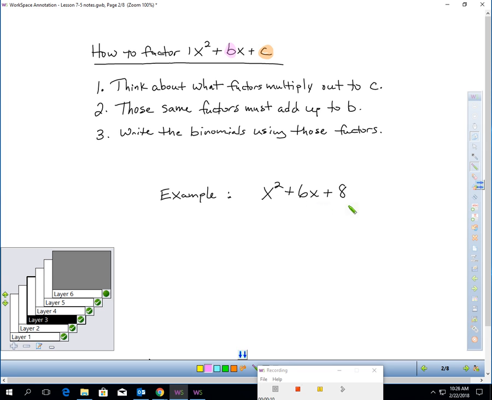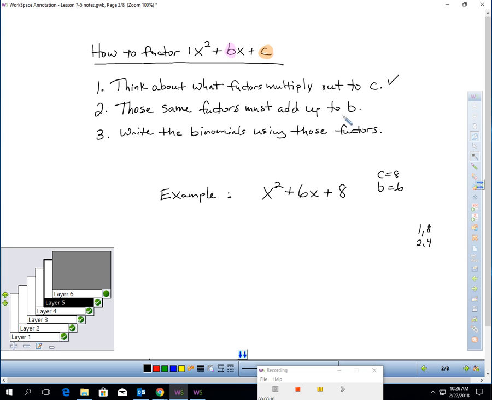Take, for example, this trinomial. The lead coefficient's 1. Let me write a couple notes off to the side. Right now, c is 8 and b is 6. So let's go to step 1. What multiplies out to 8? Well, 1 times 8, 2 times 4.